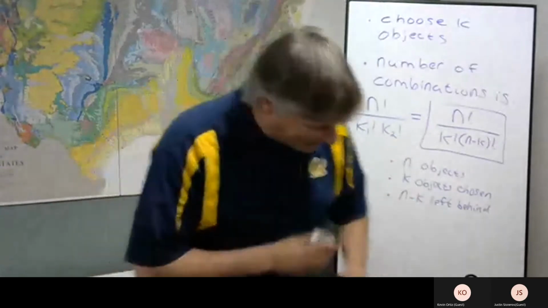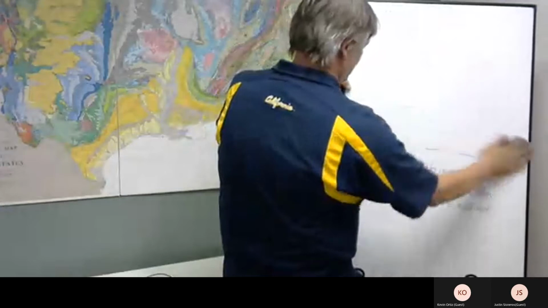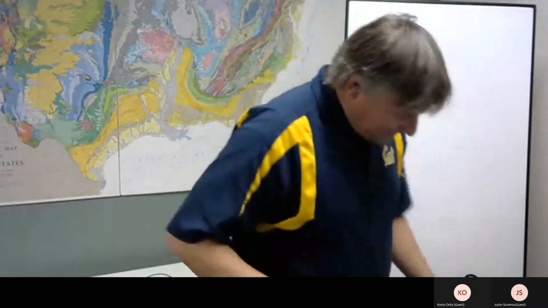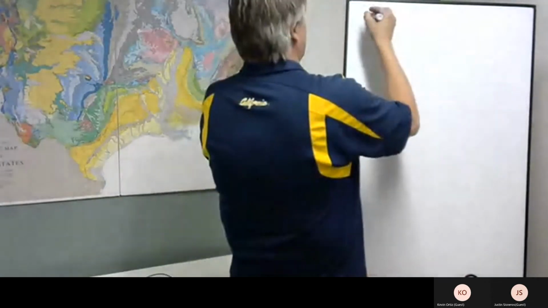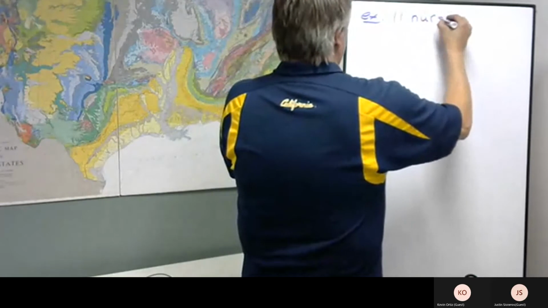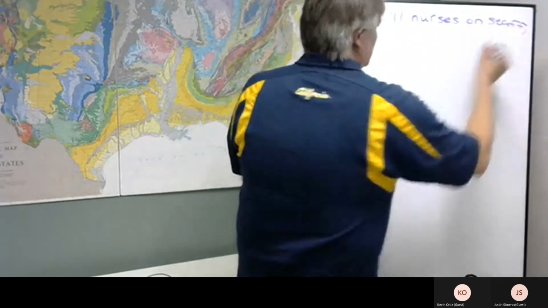So let's do an example, and this is example 6 in the text. An emergency room at a hospital has 11 nurses. So 11 nurses on staff.